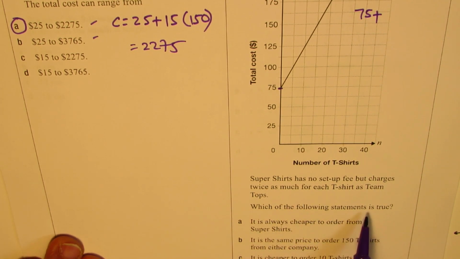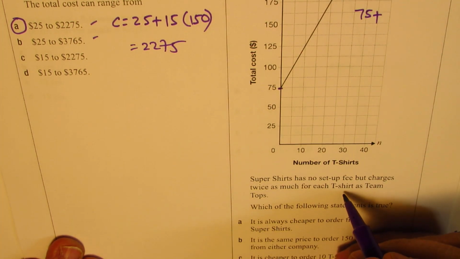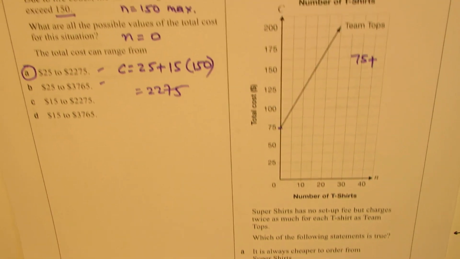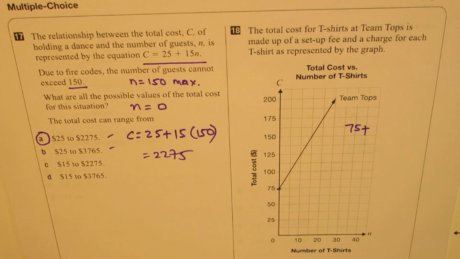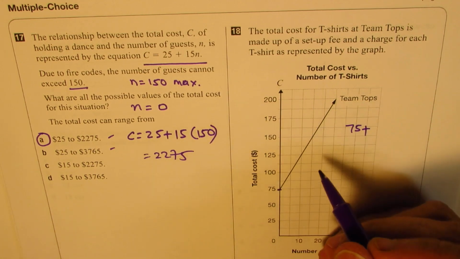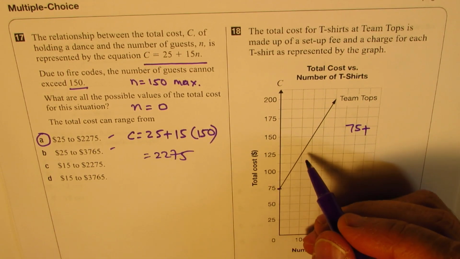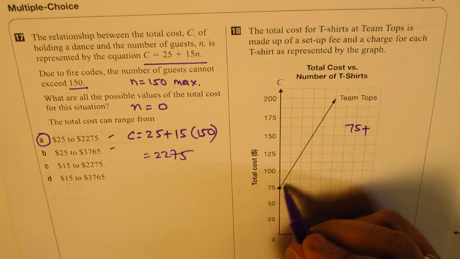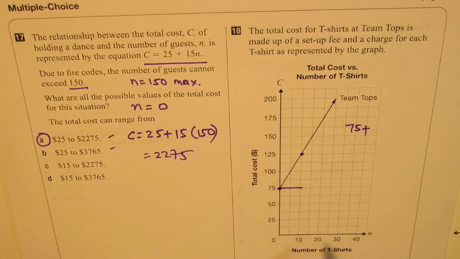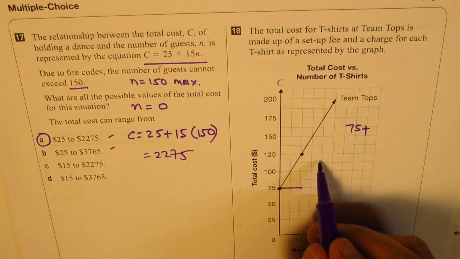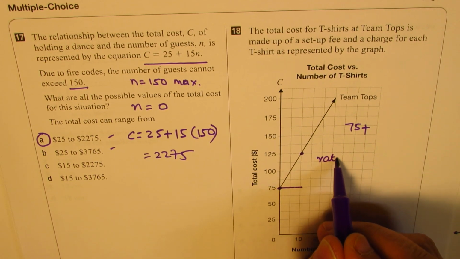Which of the following statements is true? So here the rate is twice, right? So that is what it is. So we need to find the rate for the first one also. So let's first figure out what the rate is here. To find the rate, we can take 2 points, right? If I take these 2 points, then the total number of shirts is 10, right? We are finding the rate.